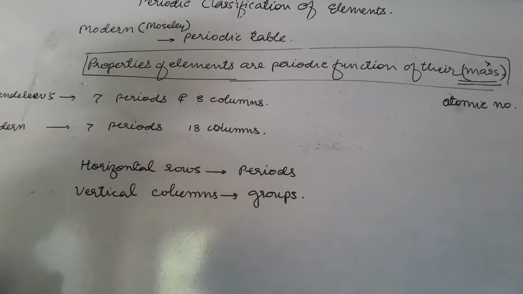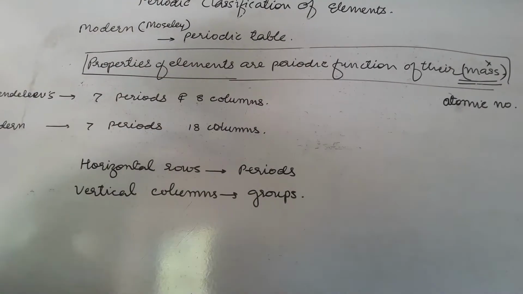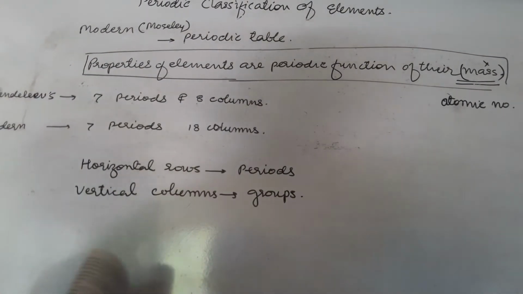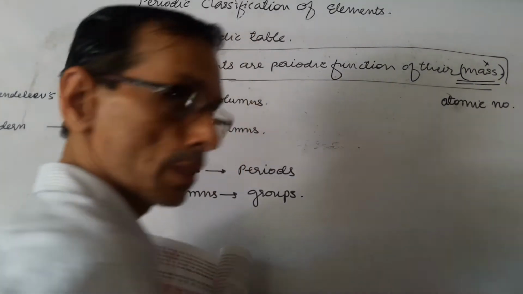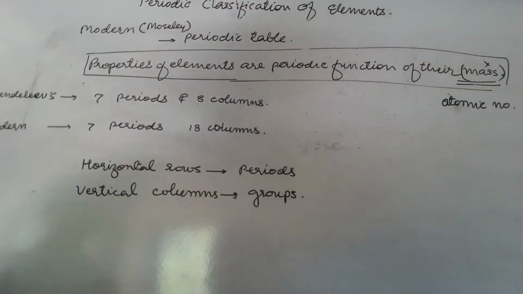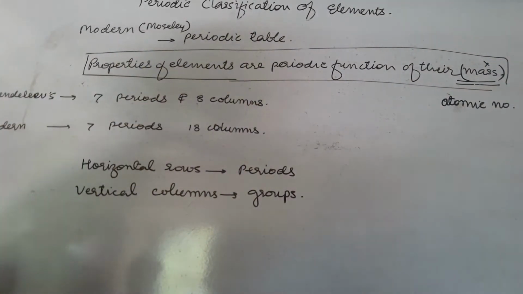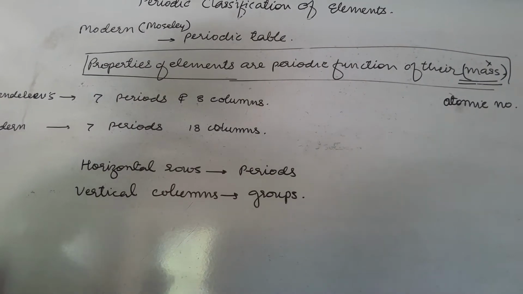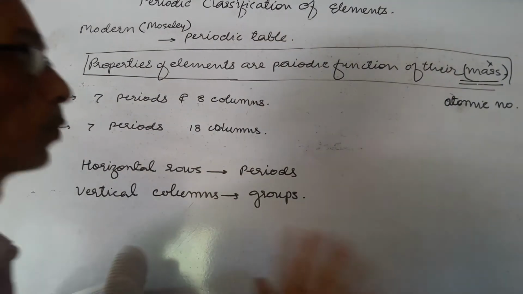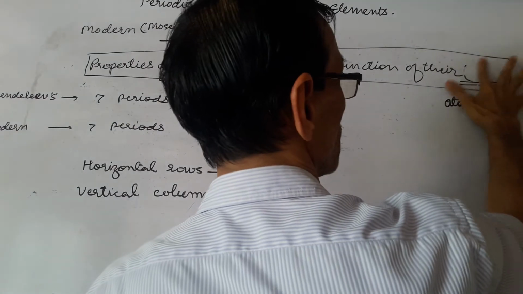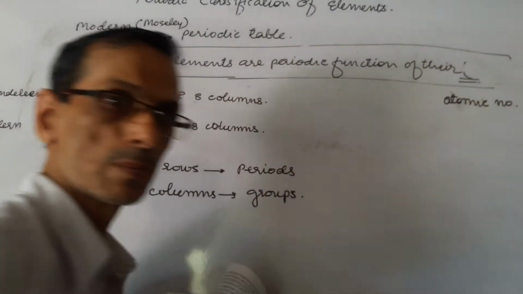Therefore the modern periodic table was prepared on atomic number and not atomic mass. So between Mendeleev's periodic law and the modern periodic law, there is only one difference: instead of mass, just write atomic number.